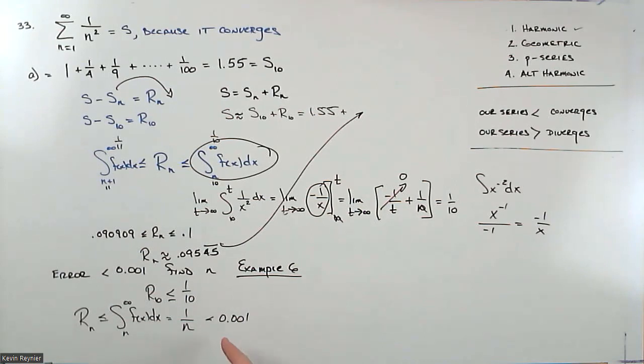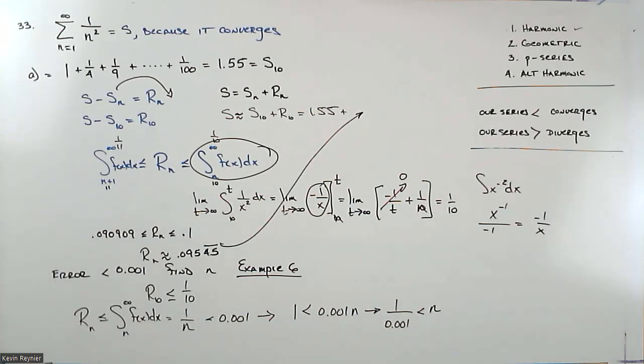Now we can solve that inequality, multiply over here by n. And we get 1 is less than 0.001 n. Divide over here by this. And so we get n has to be greater than, right?